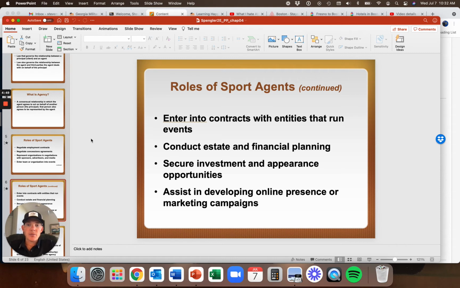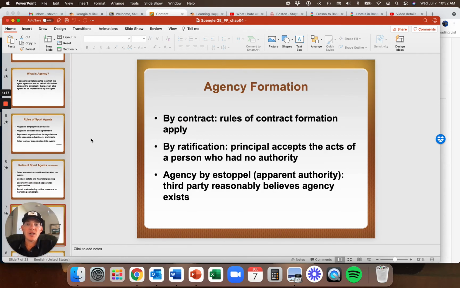Okay, a few other things. Financial planning is involved in this, investment, appearance opportunities, and so forth. It gets kind of interesting depending on who you're working with, because the roles of these laws and how they affect you will depend on your setting.